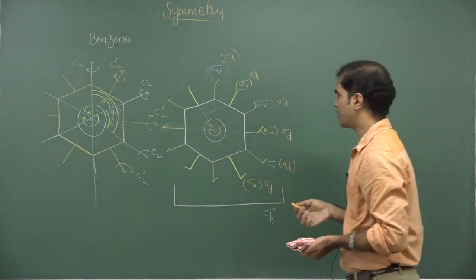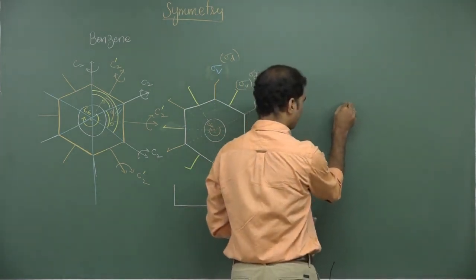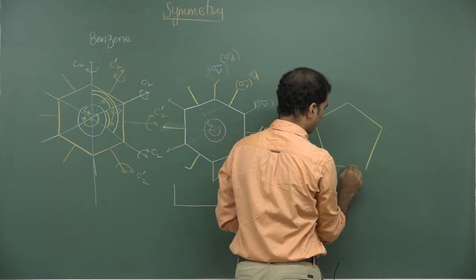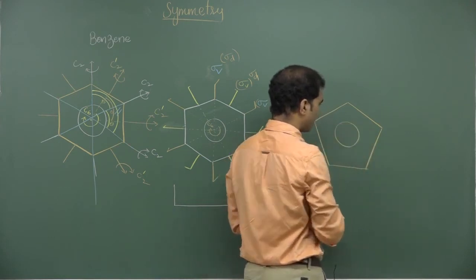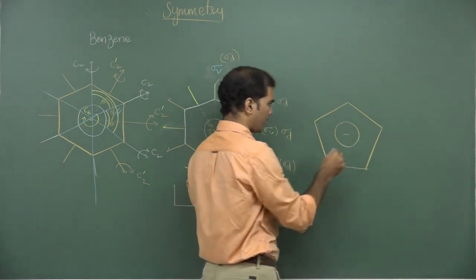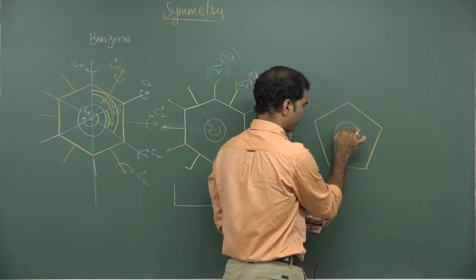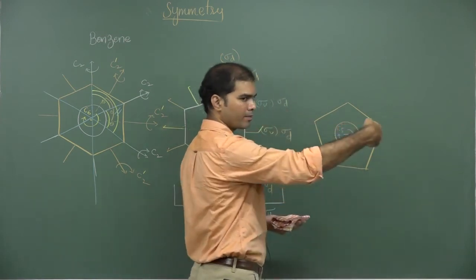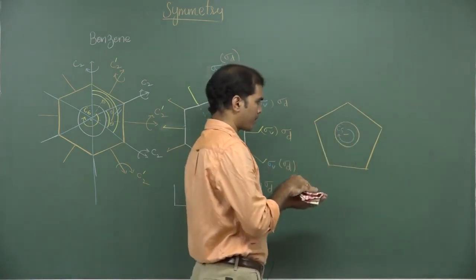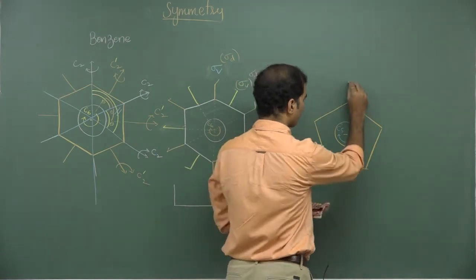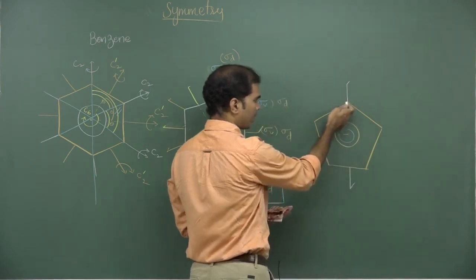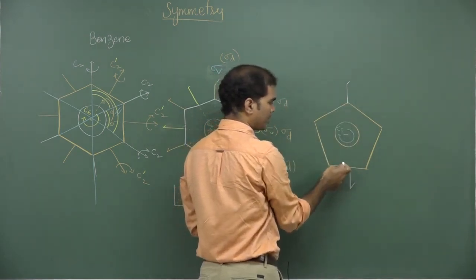Suppose I choose an odd number, suppose I am choosing the cyclopentadienyl anion, Cp anion. In the cyclopentadienyl anion there is a C5. So with respect to this C5, whichever plane is present should be called a sigma v. This is one plane, each plane is passing through a corner and the opposite edge. Just similar to C2.